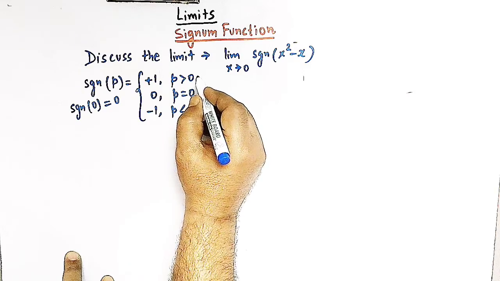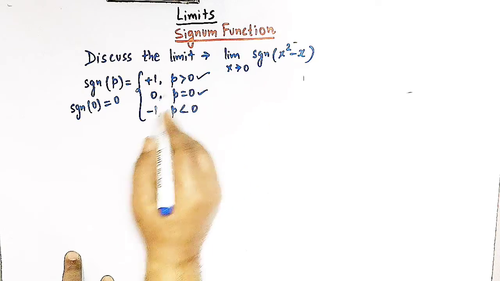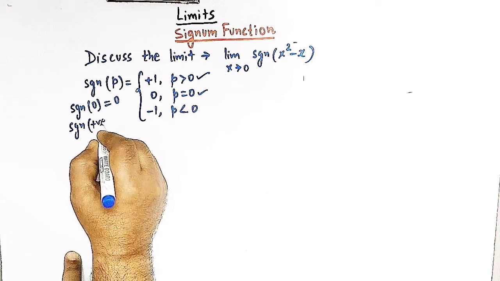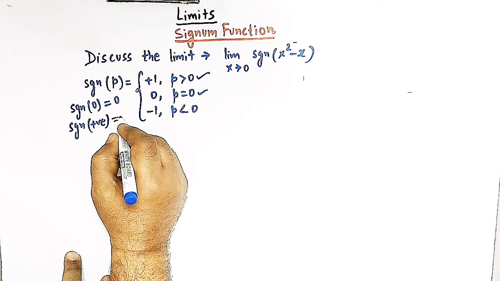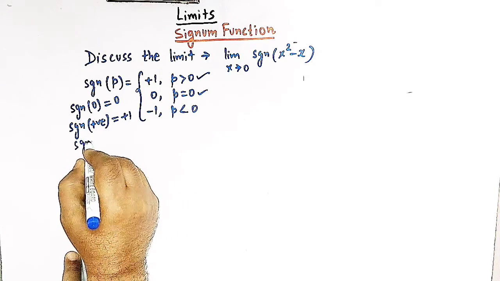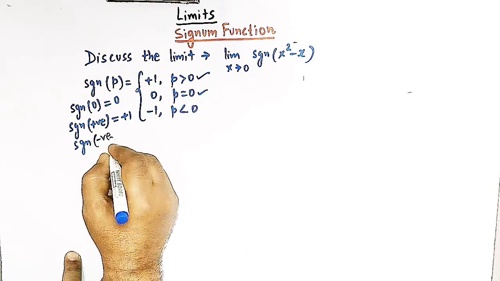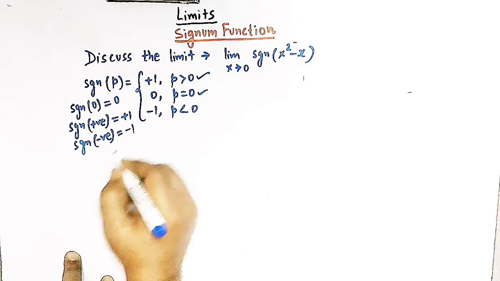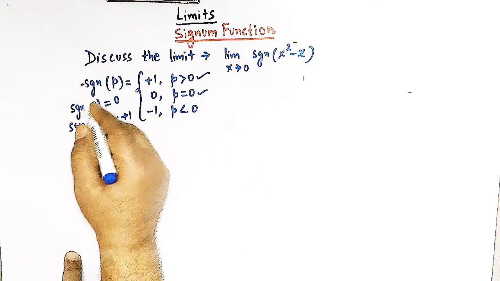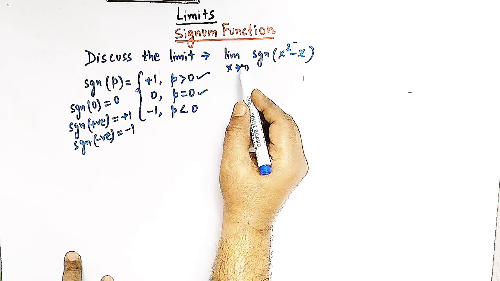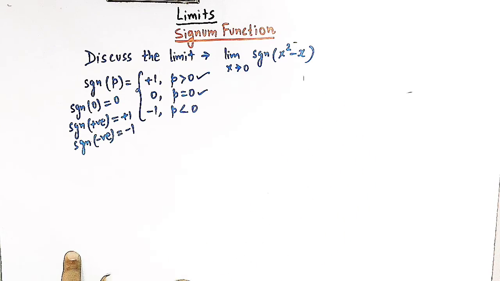So for this definition, we can now write that signum of any positive input gives us the value plus 1, and signum of any negative input gives us the value minus 1. So we'll make use of the definition of signum function to find out the right hand limit and the left hand limit.